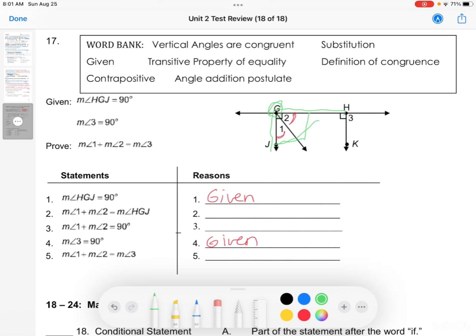That is the angle addition postulate, because you're adding 2 angles together for it to equal the one large angle. And there is a word bank up here, so angle addition postulate, and those are your options at the top.